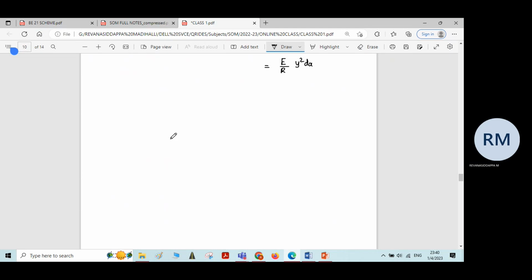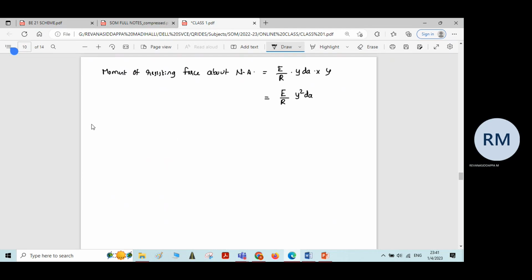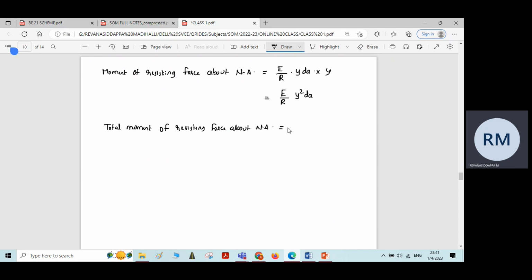Therefore, the total moment of resisting force about the neutral axis is equal to, I will write as, sigma into E by R into y square dA.